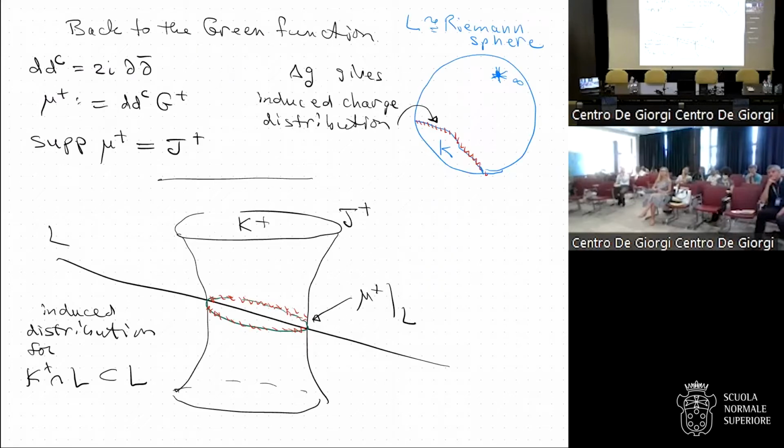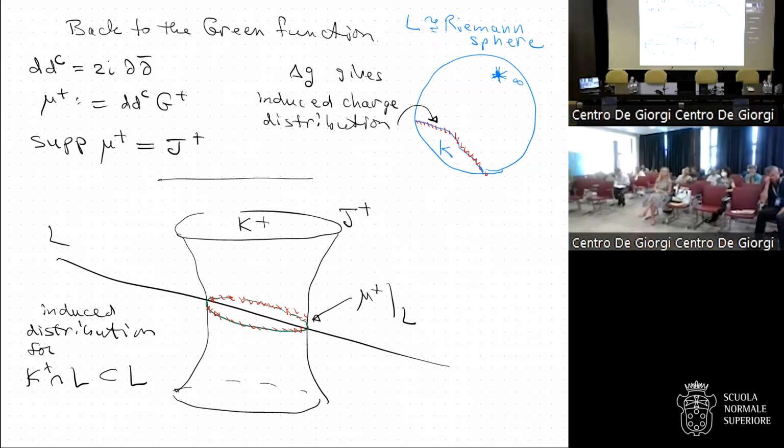Okay, so let me get back to the Green function. Remember I was drawing this picture here, the one-dimensional case. Here is a cartoon of K plus and J plus, the boundary. Let L be any complex line. Now, when you have a current, you can slice your current on a line.